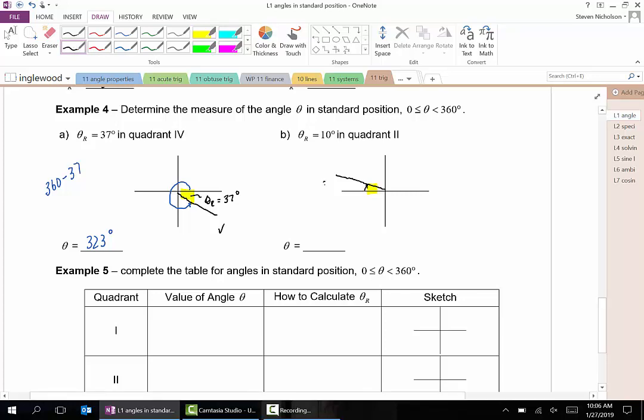So here's our theta r, our theta r is 10 degrees, but our angle theta is always the counterclockwise distance from the x-axis to that, and we can imagine going all the way to the other side, rotating 180 degrees, and then we just have the 10 that we have to take away. So our angle in standard position would be 170 degrees, which would give us that reference angle of 10.